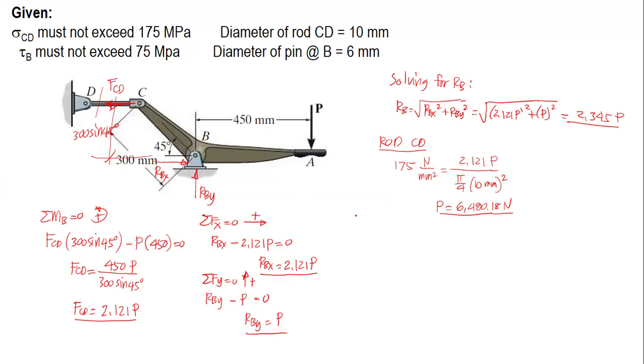And the other criterion is for the pin at B. The shear stress of the pin at B must not exceed 75 megapascal.